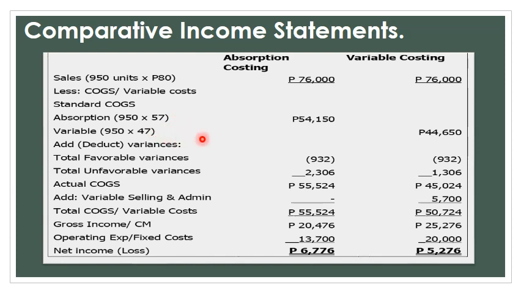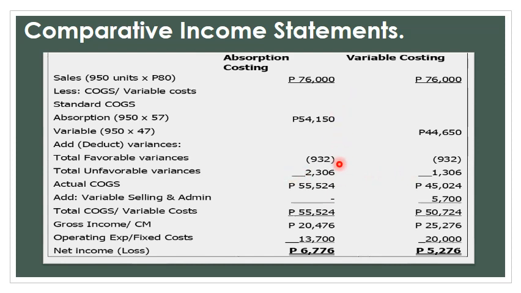And we have to adjust that by the variances that we computed kanina. So, meron tayong total favorable variances. Sabi natin, ang effect nun sa COGS ay deduction. And kapag unfavorable naman, yun ay magiging addition sa ating COGS since expense yun.